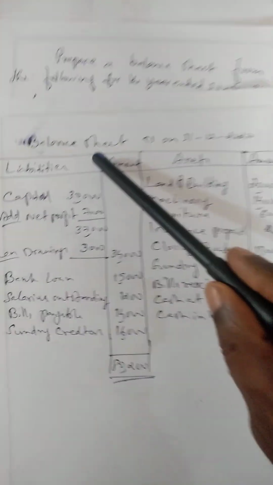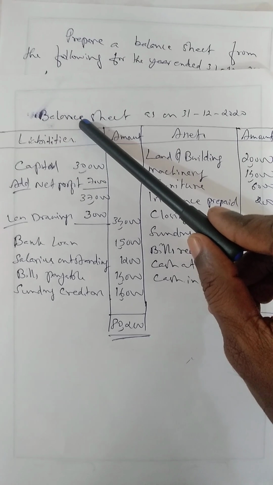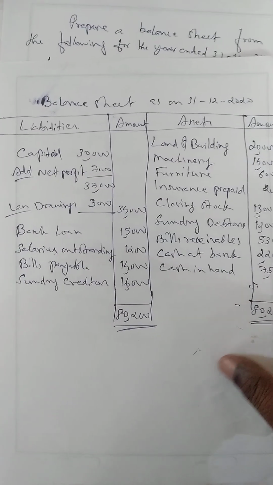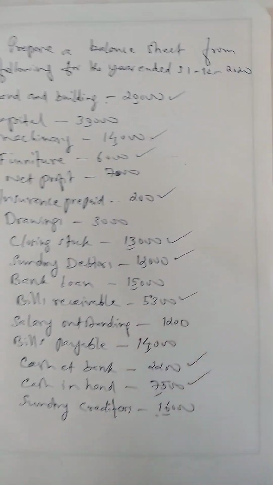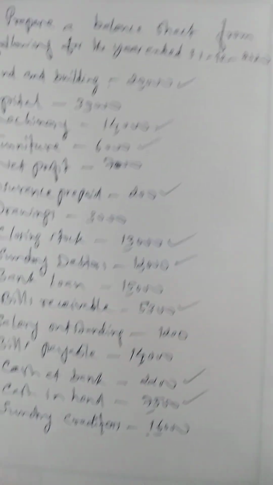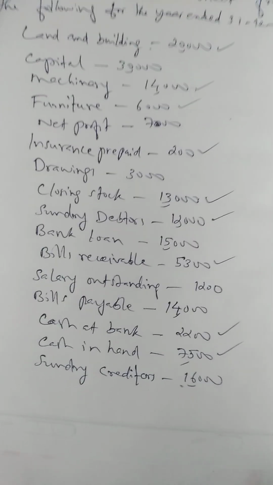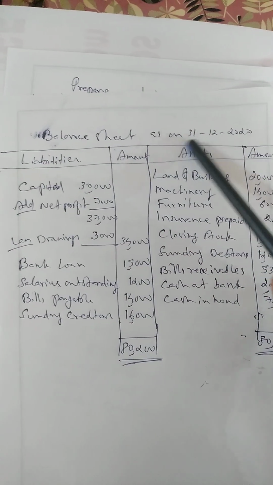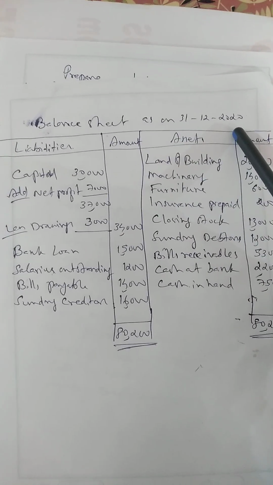Now come to this balance sheet. Balance sheet as on 31st December 2020. It is given in the question to prepare the balance sheet for the year ended 31st December 2020. That is why we show a heading like this: balance sheet as on 31st December 2020.